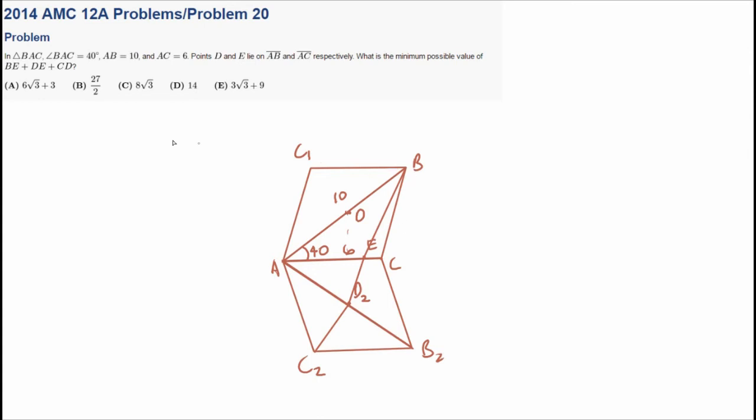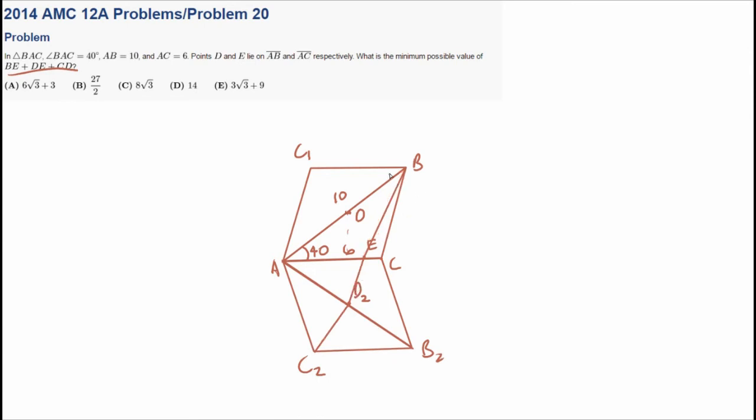So this quantity, BE plus DE plus CD, is equal to BE plus D2E plus D2C2. Essentially, you put down E and D such that you make a path between B and C2.